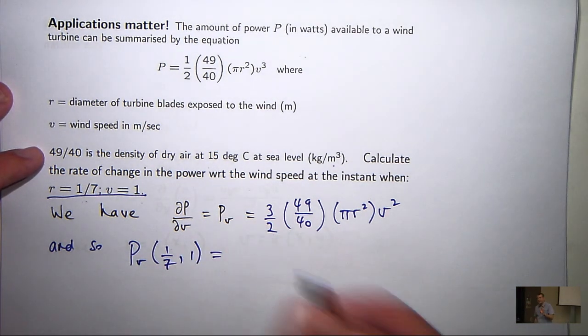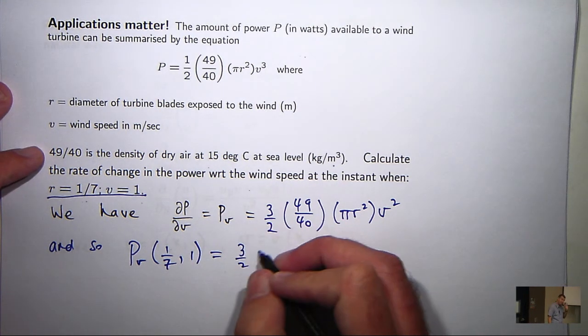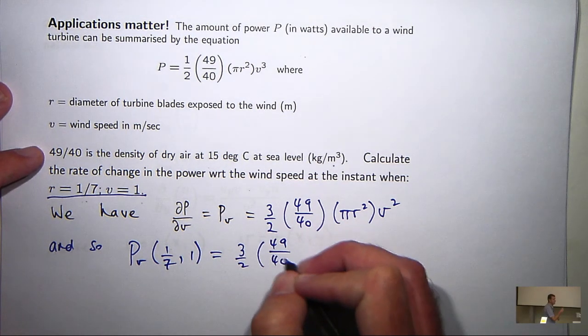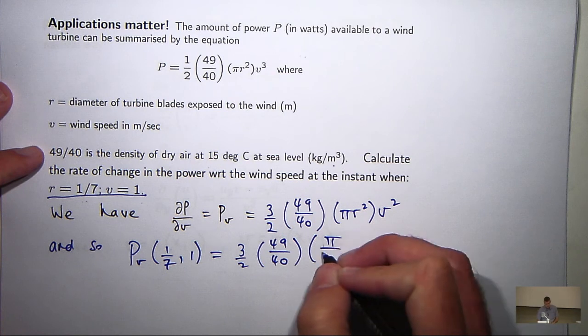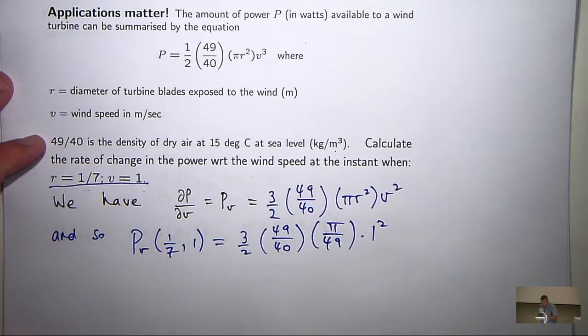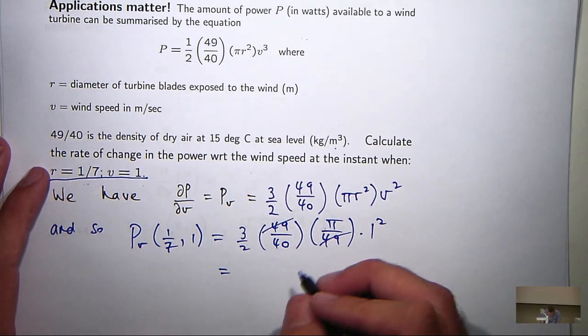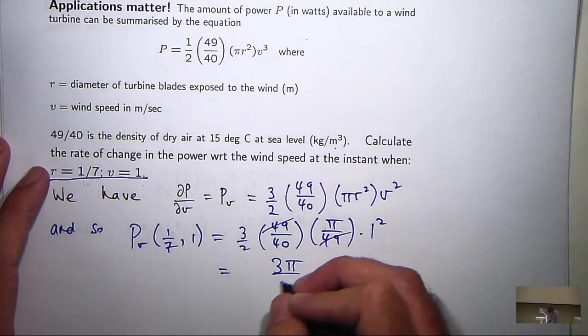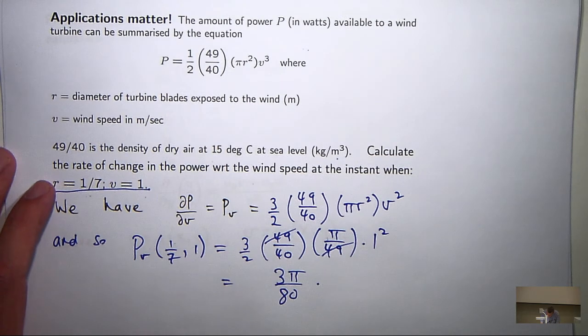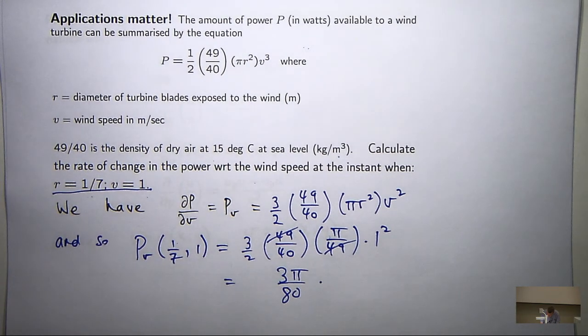And I can cancel off the 49s, and I'm going to get something like 3 pi on 80. Again, a fairly straightforward example, but we're just really taking baby steps at the moment. This is a v, by the way, not an r.